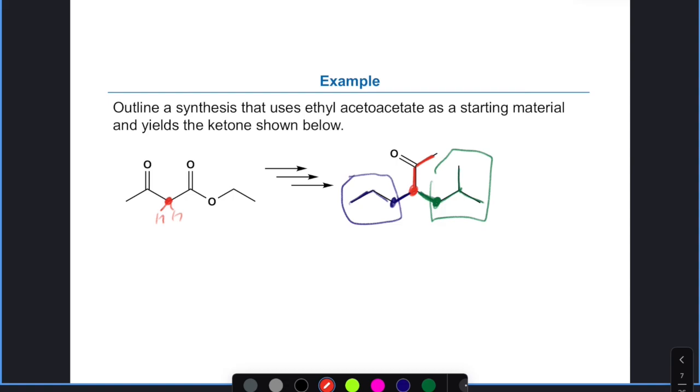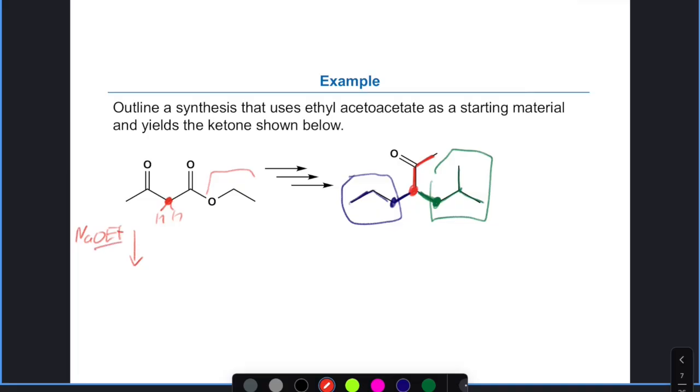What I'm going to do is step one, what should I do? Give me a reagent. If I'm making an enolate, what's a good reagent to apply here? Sodium ethoxide. Again, a simple base, and because this is an ethyl, an OEt fragment, that's going to match your alkyl fragment as well.